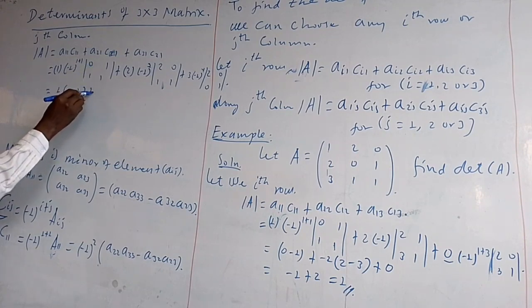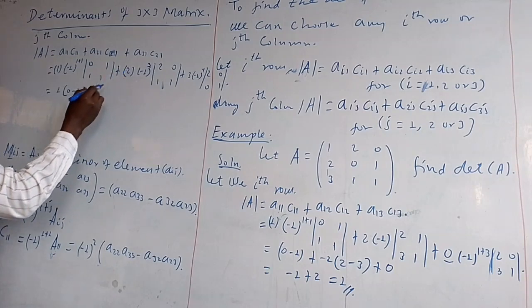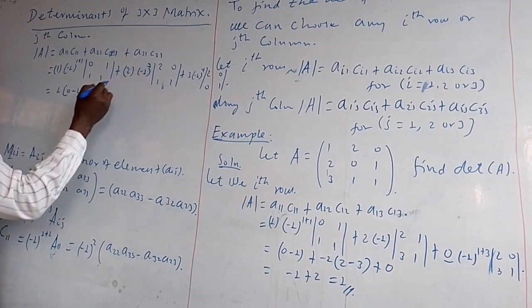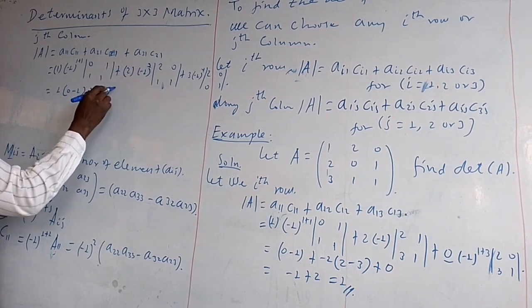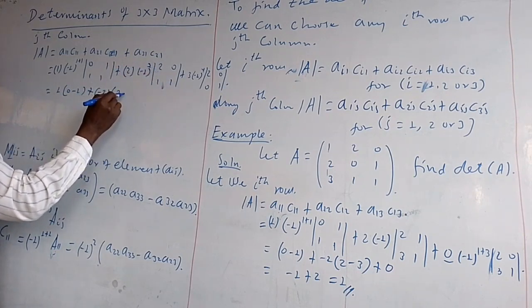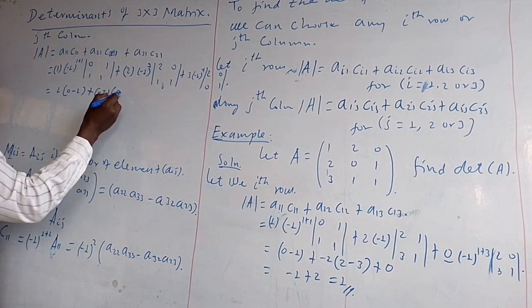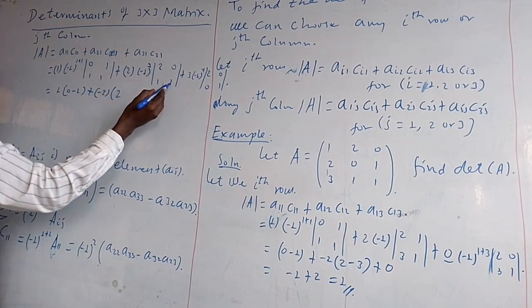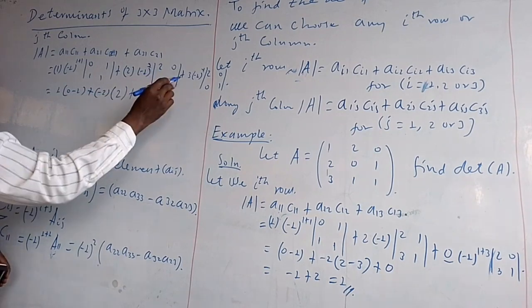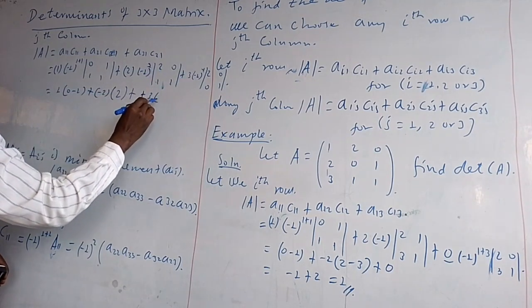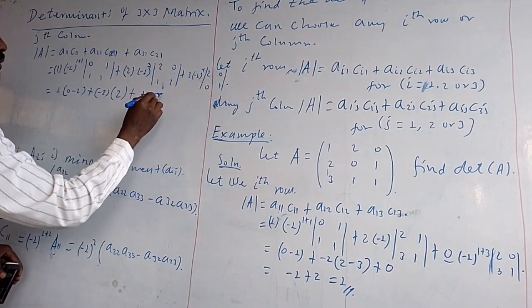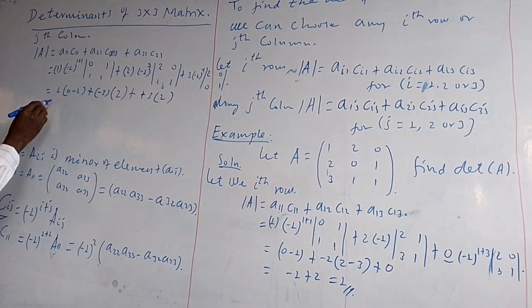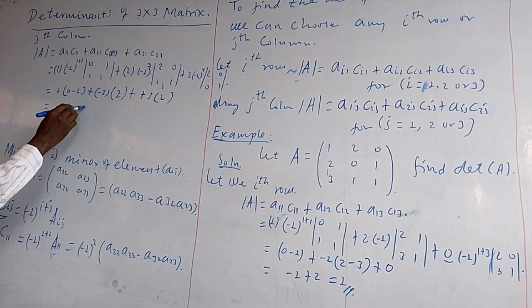So here minus 1, 0 minus 1, plus 2 times minus 1 is minus 2 into 2 minus 0 is 2, plus 3 into 2, because 2 times 1 is 2, 2 minus 0 is 2.